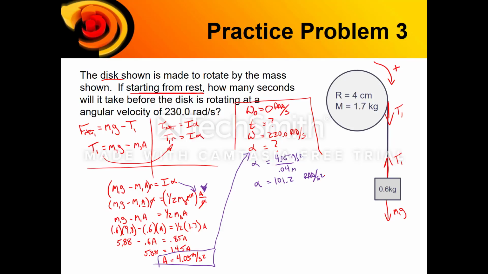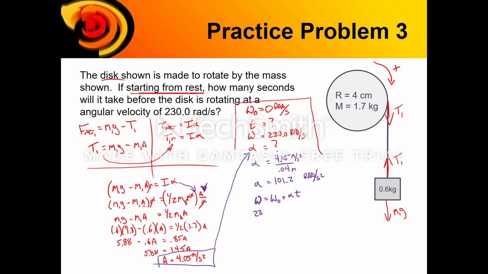Now I start thinking about my angular kinematics equations. Take a look back at your notes if you need to, but you should hopefully remember this one: omega is equal to omega naught plus alpha t. I can go ahead and plug that in.